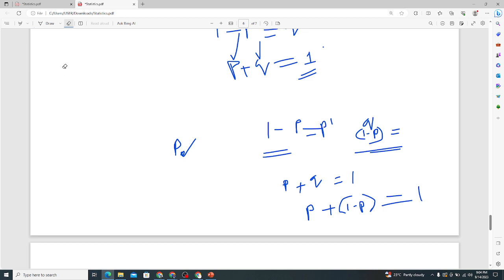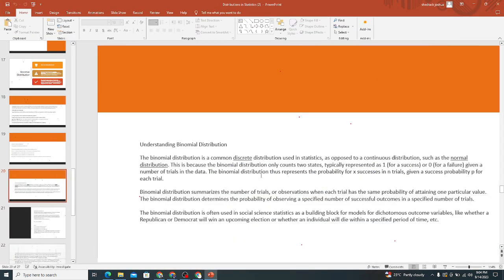So we know that the probability of not success will be equal to 1 minus the probability of success. Basically, this 1 minus p is always q. Just note that it is always q. All right, good. Let's continue.